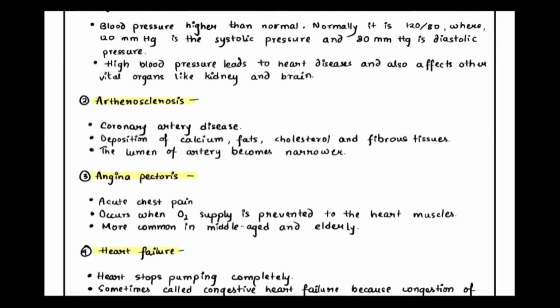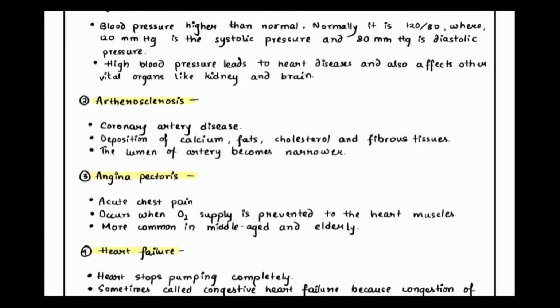And the coronary circulation, it means that the heart chambers are pumping blood into the heart muscle cells. So when there is the artery of the coronary system which is blocked, we call it arthrosclerosis, and this can be caused by deposition of calcium, fats, cholesterol, and fibrous tissues.